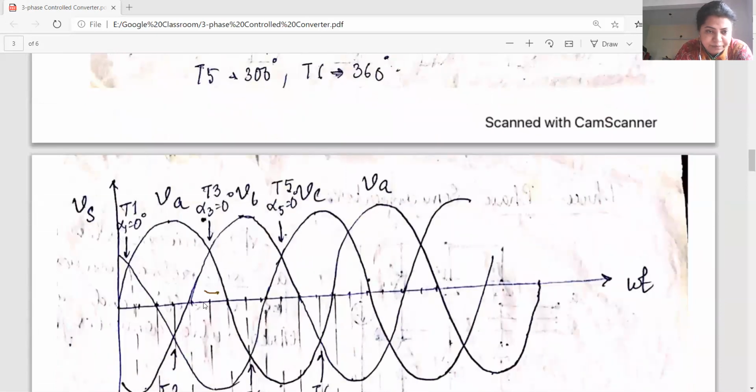Then again, after this instant, VB is maximum positive. Now VA is maximum positive from omega t equal to 30 degree to omega t equal to 150 degree, that is for an angle of 120 degree.